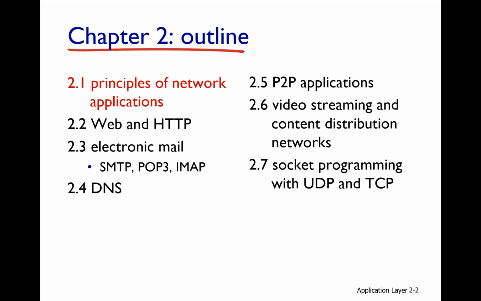After talking about the principles of the network, we're going to use 3 examples of application layer protocols. The first and obvious choice is the HTTP protocol, which is the protocol for our web applications. The second will be email protocols.